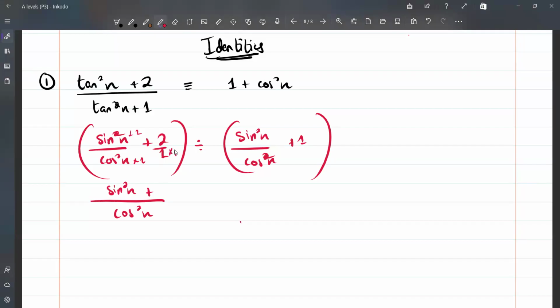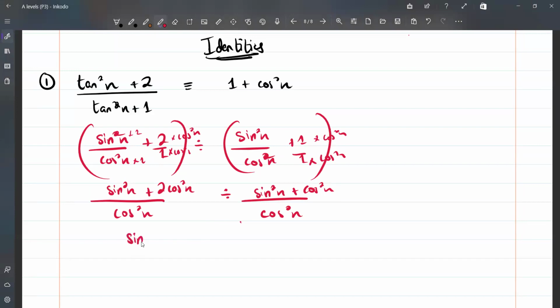And if you multiply this by cos square x and multiply this as well by cos square x, we get sine square x plus 2 cos square x divided by sine square x plus 1 into cos square x upon cos square x.